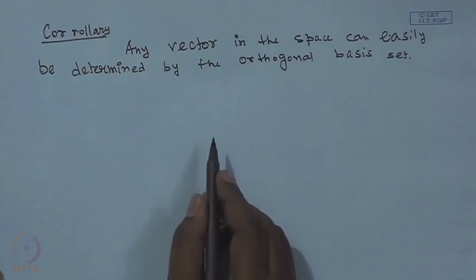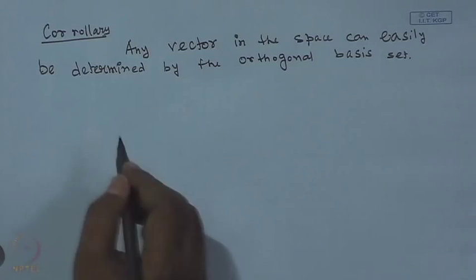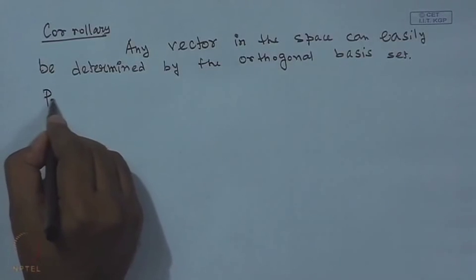Okay. So, if we have any unknown vector in the space, that can be expressed as a linear combination of all these independent vectors which are basically the constituents of the basis set, and if these vectors are orthogonal to each other, then you will get the advantage of some properties and the whole calculation is enormously simplified. We will just look into this. So, let us try to prove this corollary or the interpretation.